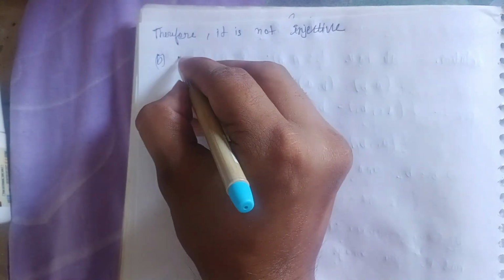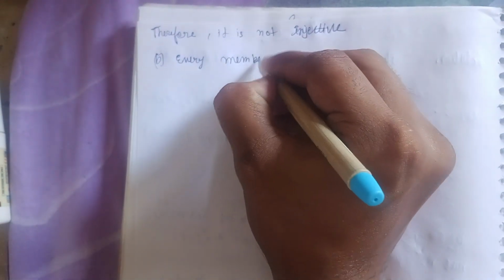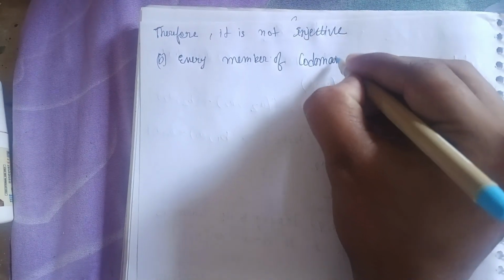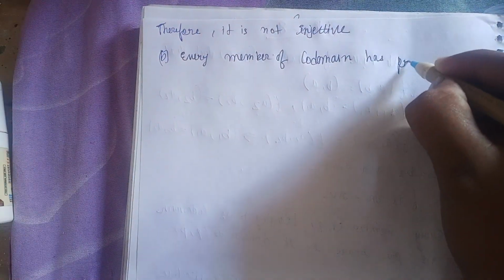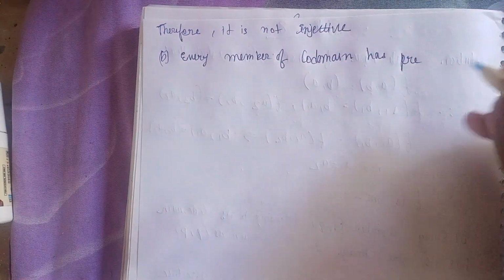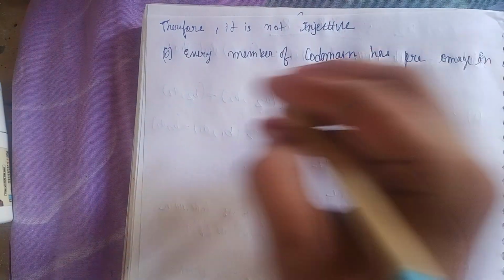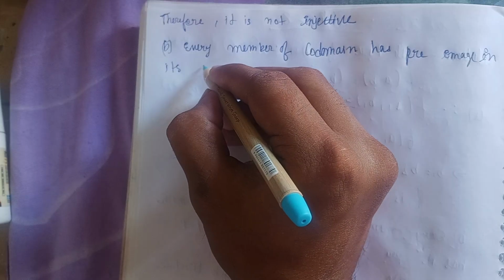Now, every member of the codomain has a preimage in its domain.